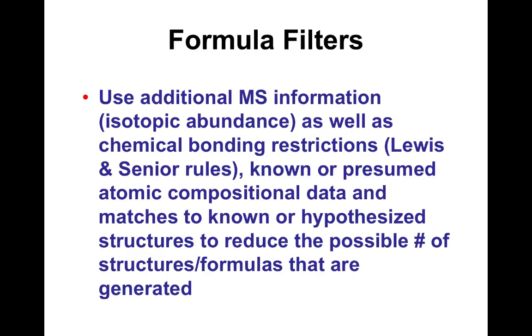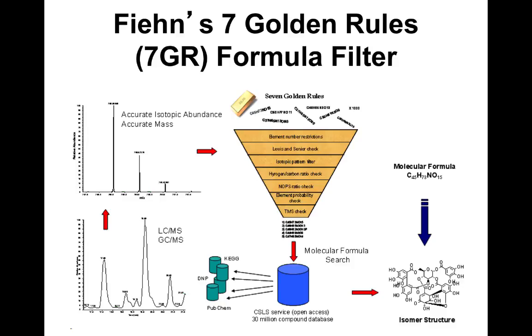Now you can go further, where it's not simply saying it's just got to be carbon, hydrogen, nitrogen. If you make use of other bonding restrictions, the atomic composition, but also the isotopic abundance, you can do even better. This grew out of work from Oliver Fiehn and the so-called 7 golden rules, which have been around for a while.